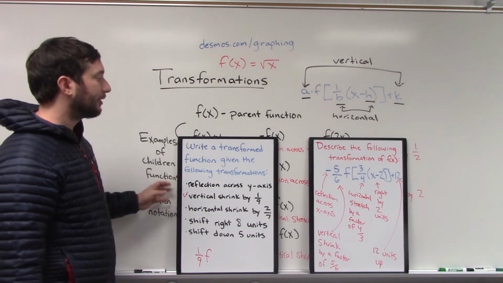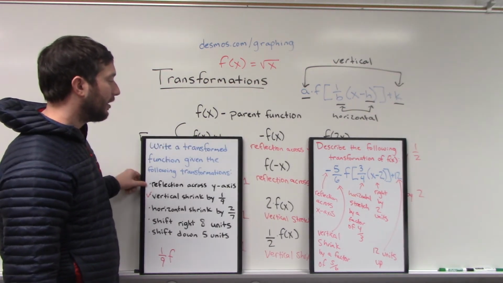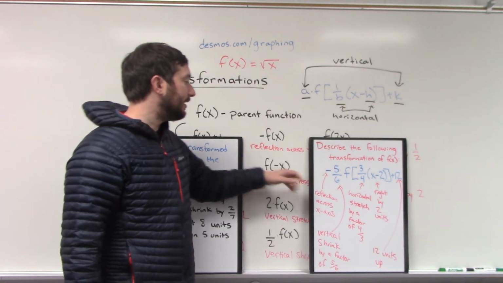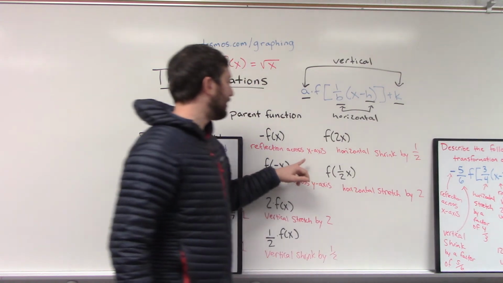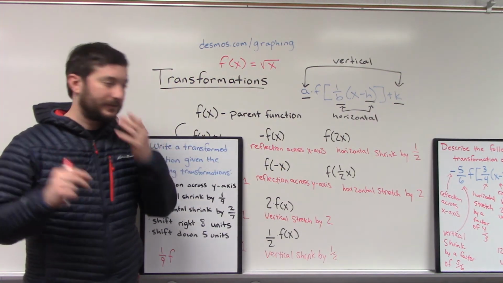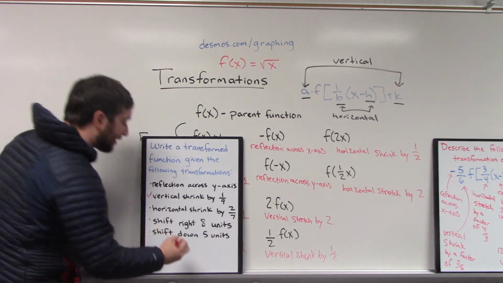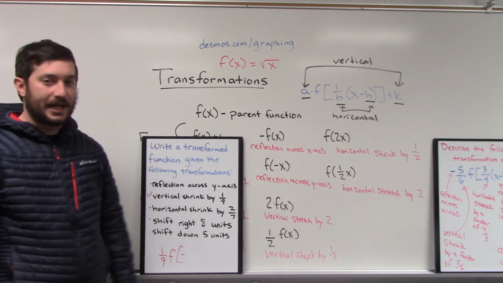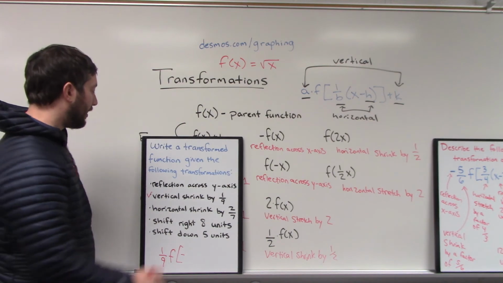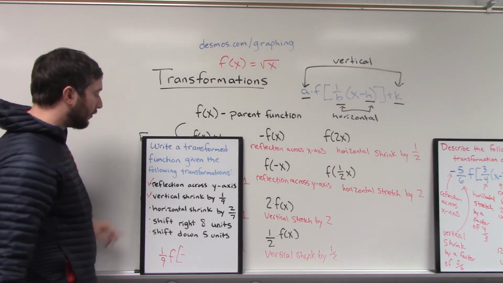So what does a reflection across the y-axis look like? Negative should be on the inside. And I'll move this a little bit further down. Negative should be on the inside of our function. So in this case, I'm going to use brackets here and put a negative. Negative should go on the inside. Check. We have a horizontal shrink.